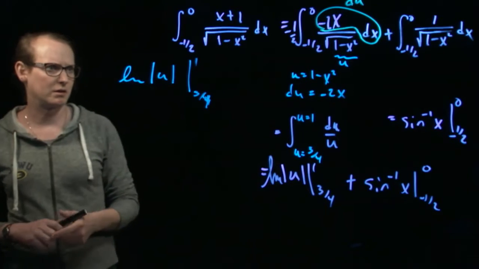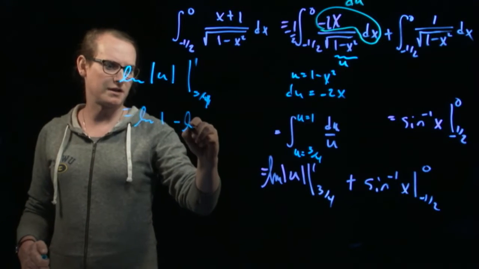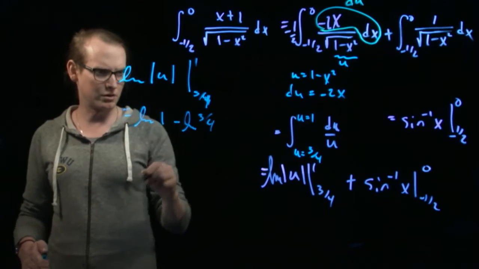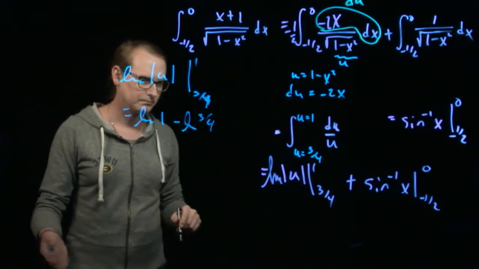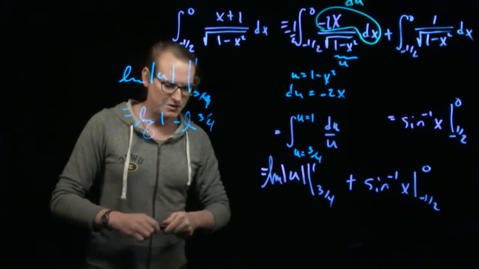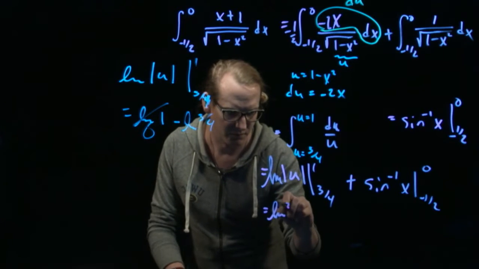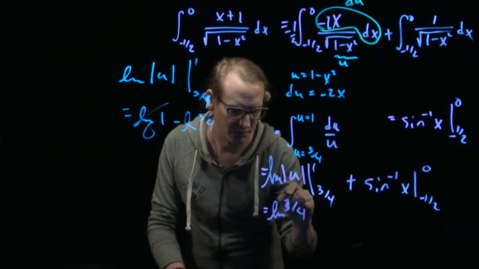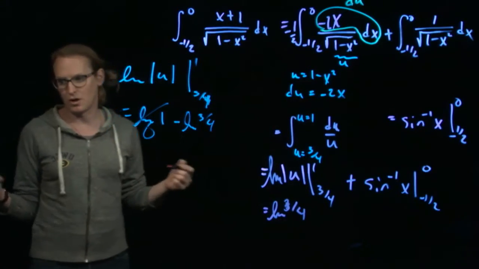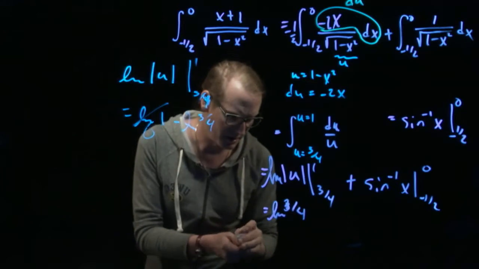All right, that is equal to natural log of 1 minus natural log of 3/4. Okay, cool. Natural log of 1 is 0. So this is just negative natural log of 3/4, or natural log of 3 minus natural log of 4, if you were into that. I don't care.